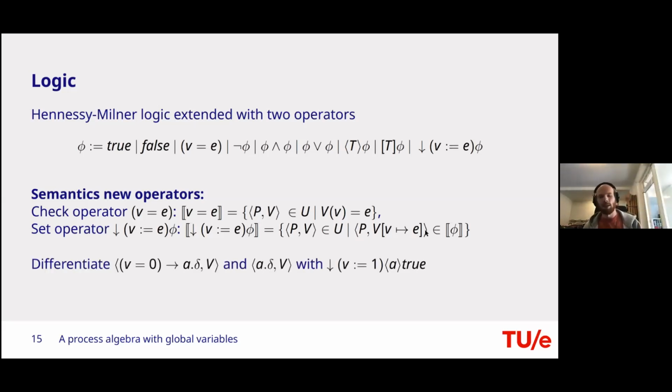As an example, from the previous example, if we have these two process expressions, one can only do an A action when V is 0, and the other can do an A action always, then we can differentiate them with this set operator by saying, well, we set the valuation to 1, and then A true is only true for the one that can always do the A action.